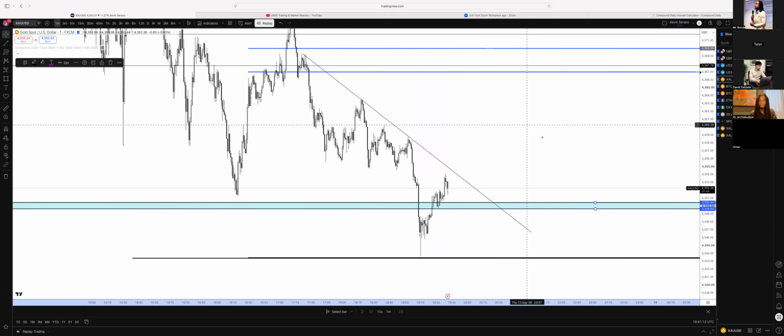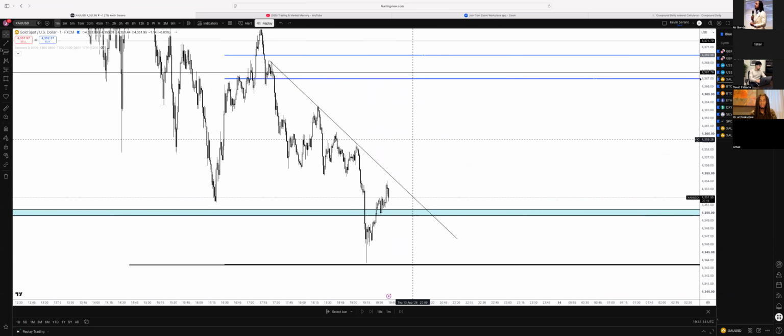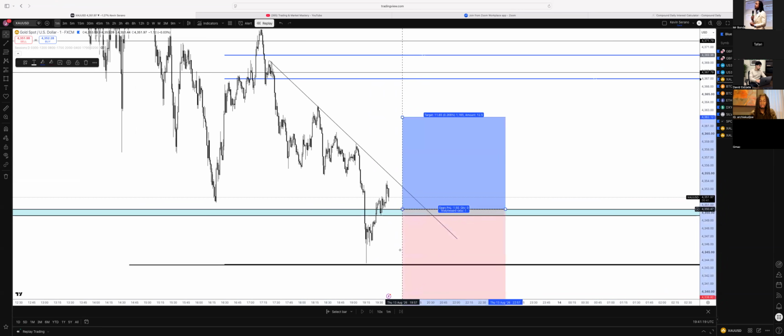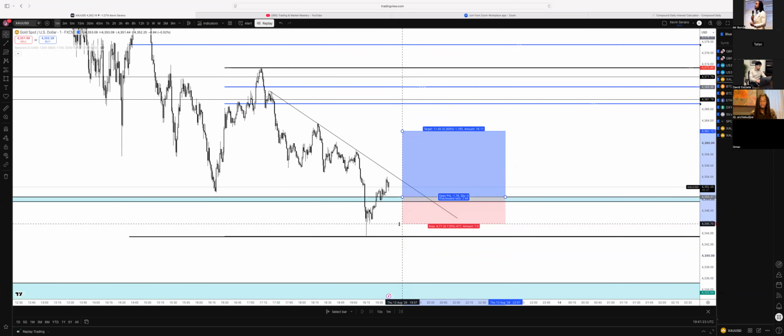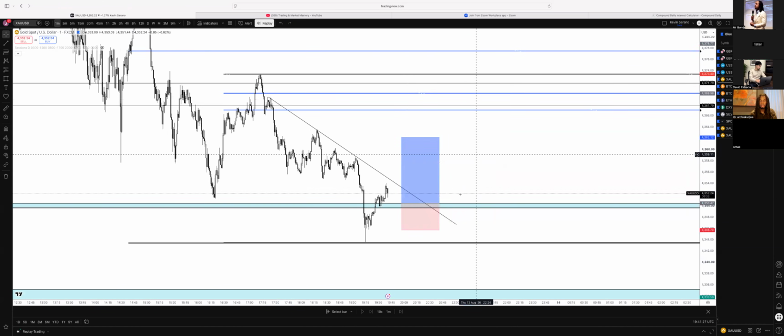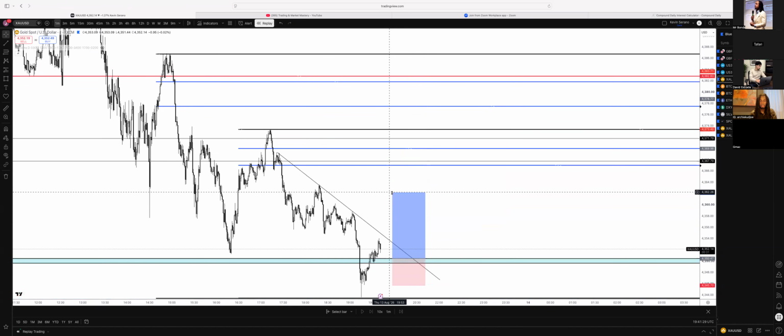If we can get a pullback to here, guys, we are going to take a high risk trade. This is high risk, so please manage your risk. But with a 47 pip stop loss, I'm happy to take this. And if the sell doesn't happen, we're in the buy.